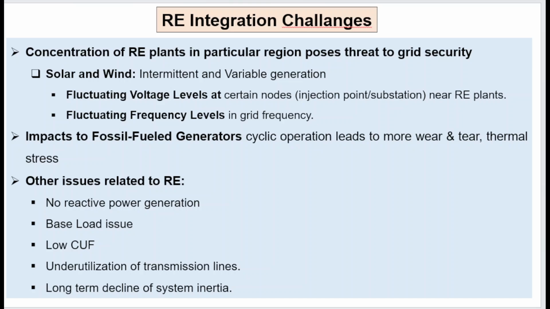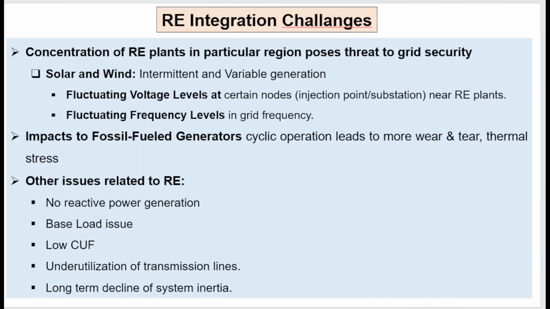Then renewable energy also leads to underutilization of transmission lines because generation is not fixed. Transmission lines are designed for the maximum generation, but when the renewable energy generation is less, these transmission lines are underutilized. Further, renewable energy does not give any inertia support, so there is a long-term decline of the system inertia also.